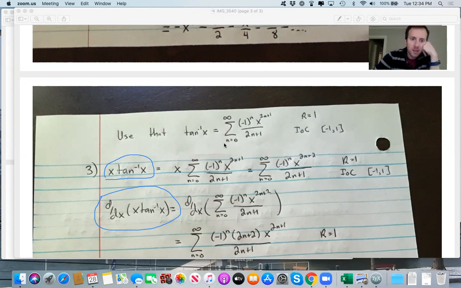Okay. So if we want x inverse tangent of x, this is a lot like the last part of the previous problem. We know a series for inverse tangent. We have an extra factor of x, so we can just multiply that x through, which means multiply every single term by x, which means every term gets an extra factor, so the power is, instead of 2n plus 1, another x makes it 2n plus 2.